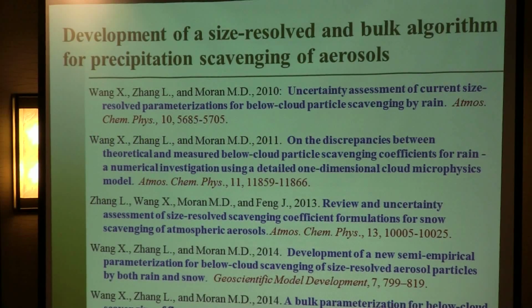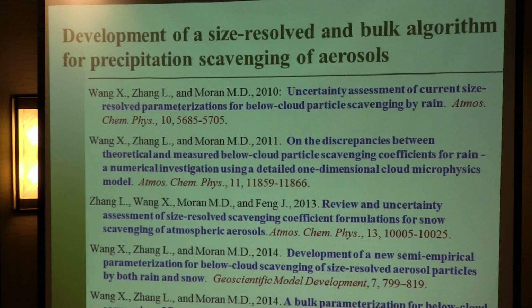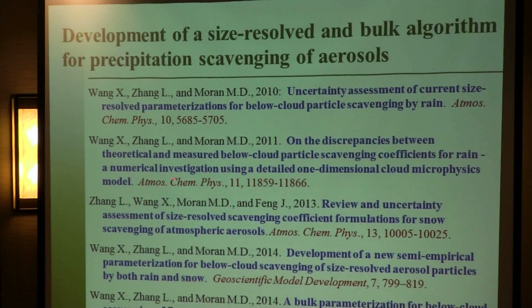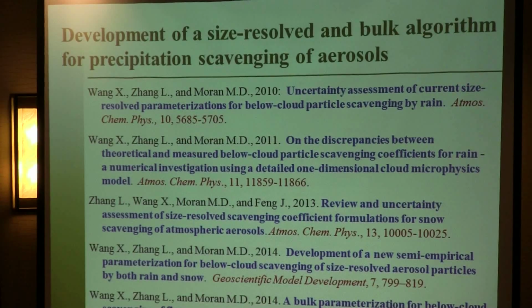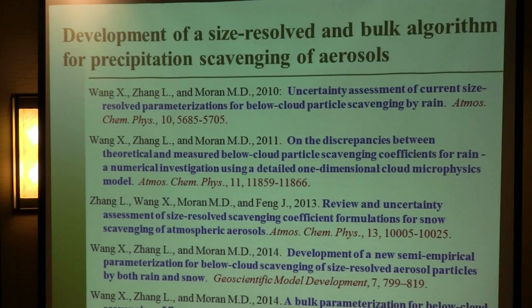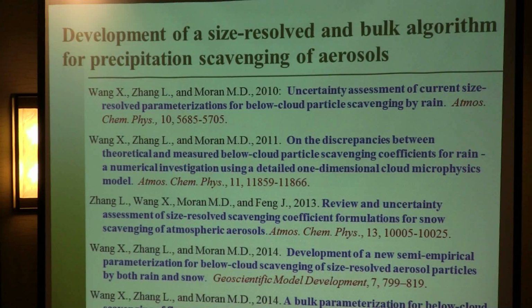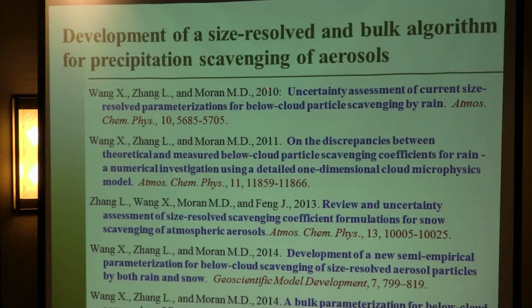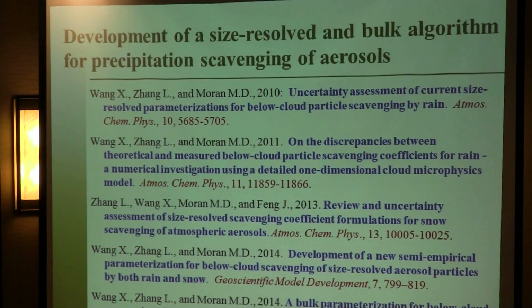One recent development is a project that I've been leading in my department. We systematically reviewed and assessed the uncertainty of the scavenging coefficient for particles scavenged by both rain and snow. We have two review papers, in 2010 and 2012. We also have one paper conducting sensitivity studies.